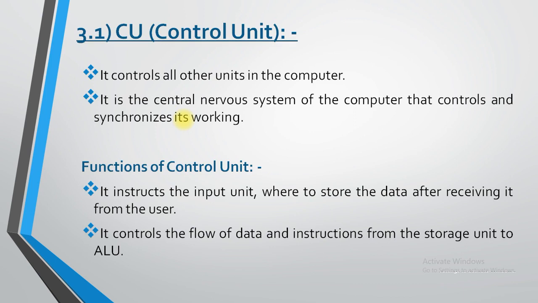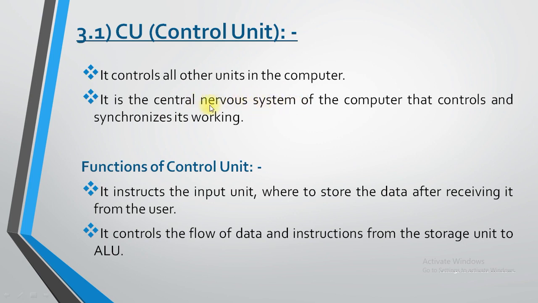Now CPU is divided into various parts. Number one, CU. CU means control unit. So from the name only you can get the task of CU. It is used to control all the other units related with the computer. We can call it a central nervous system.